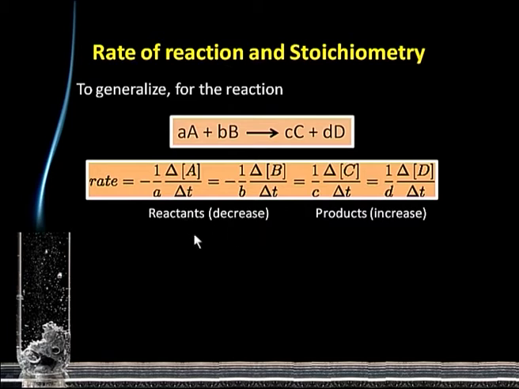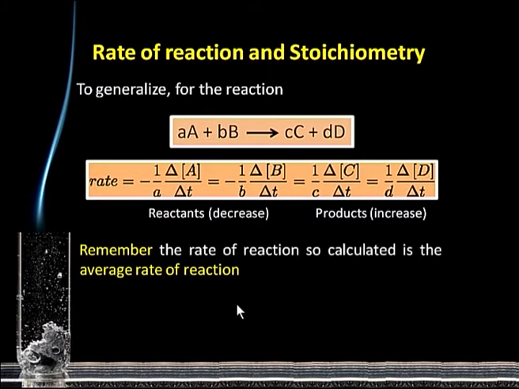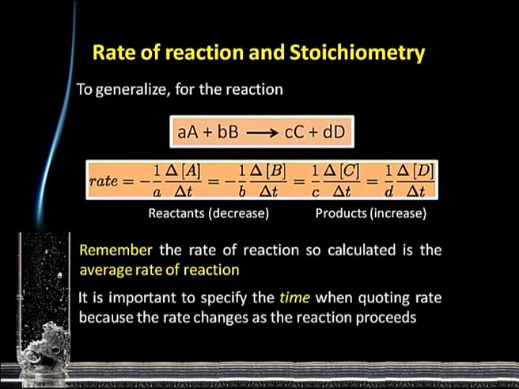Here there is a decrease in concentration, that is why you have a negative sign, and then here you have a positive sign because the product concentration increases. So, remember that the rate of reaction calculated here is the average rate, and it is important to specify the time when we mention the rate that we have calculated.